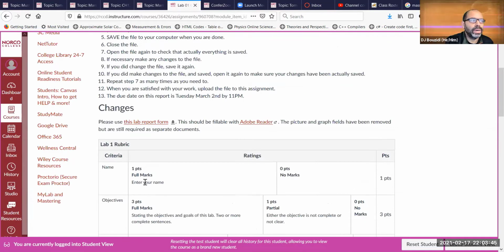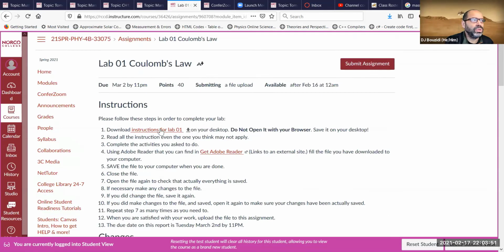The first thing that is required in the lab report, and we're going to go through the lab reports and see how it looks, is your name. But before you do that, you're going to actually right-click on this file and open it. Now, how do you open it? First of all, it says save it to your desktop. Do not open it with your browser.